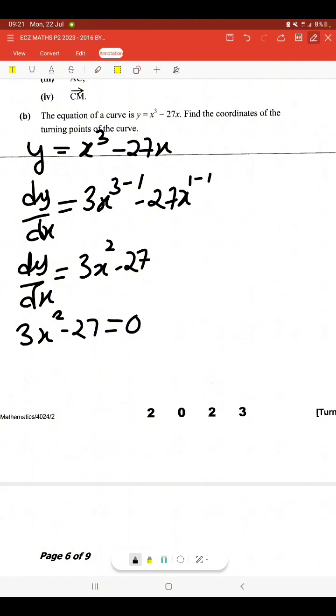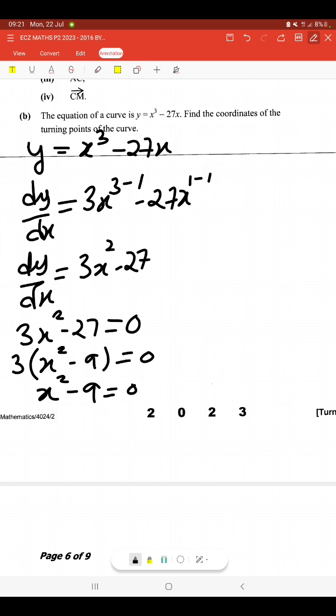So when we factorize, we factor out a 3. We can divide throughout by 3, then we're going to remain with x squared minus 9 equals 0, which can also be written as x squared minus 3 squared equals 0.